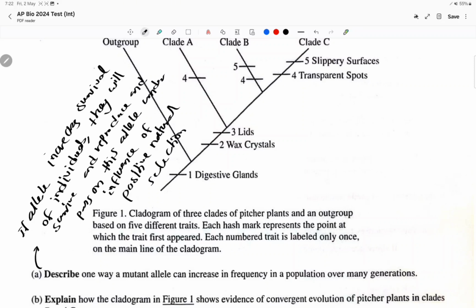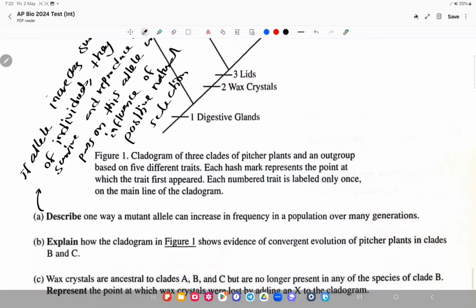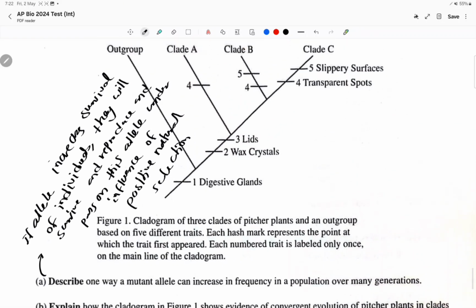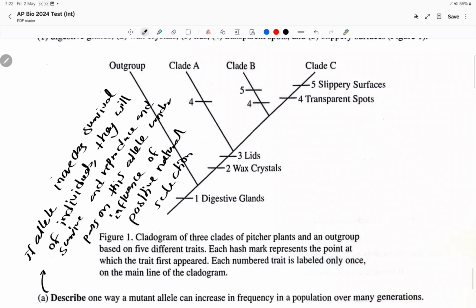B, explain how the cladogram in figure 1 shows evidence of convergent evolution of pitcher plants in the clades B and C. So clades B and C, right? Look, they both have slippery surfaces and they both have transparent spots, correct?